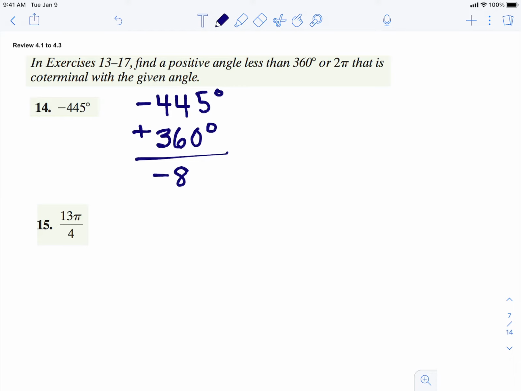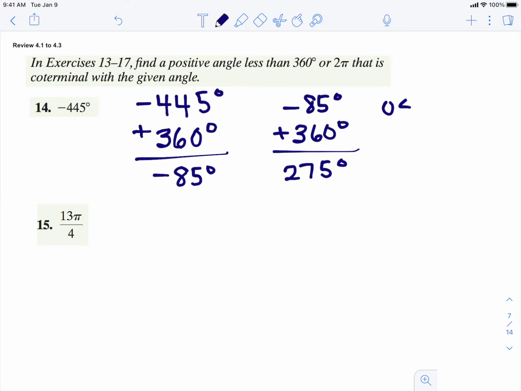And we get a negative angle. So that means we have to add another revolution. Now we have 275 degrees. So this angle is between 0 and 360 degrees. So that would be our coterminal angle that we want.